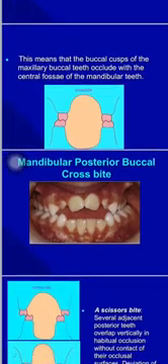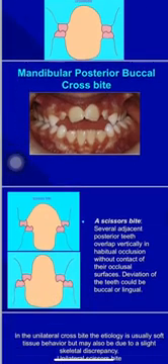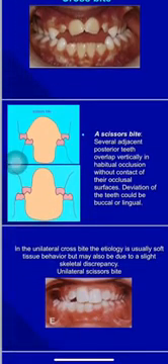Mandibular posterior buccal crossbite. الحالة الأخرى اللي عندنا mandibular posterior buccal crossbite اللي راح نقول عليها السيزر بايت. السيزر بايت: several adjacent posterior teeth overlap vertically in the habitual occlusion without contact of their occlusal surface. إذن a deviation of the teeth could be buccal or lingual. فإذن هنا راح يكون عندنا deviation ويؤدي إلى السيزر بايت.